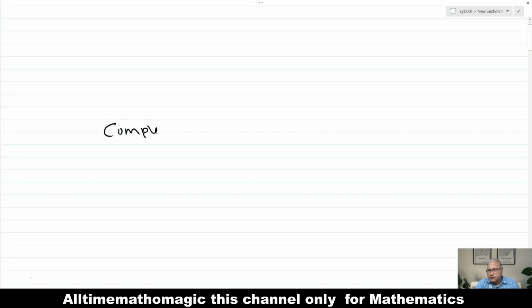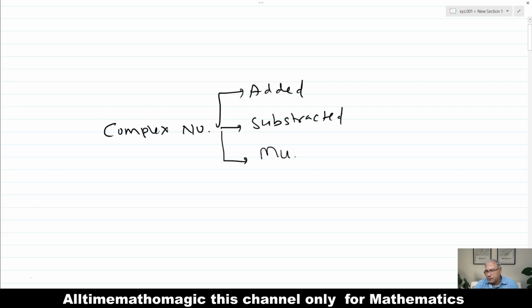Complex numbers can be added, can be subtracted, can be multiplied, and can be divided.